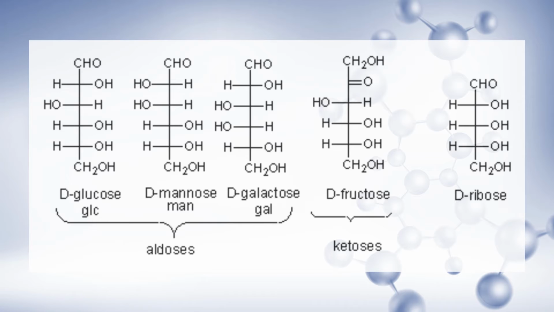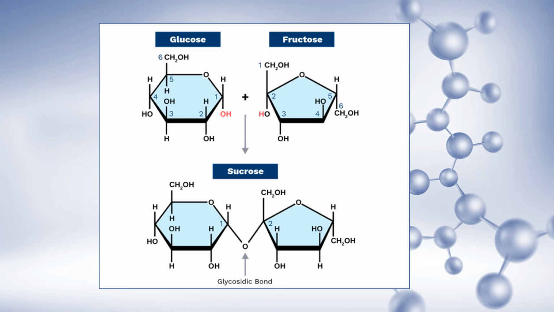You can see that there is a change in the presence of hydroxyl and hydrogen in their structure. Then there is a ketose. The most common is fructose. In the ketose group, you can see that these are ketoses because they contain this ketonic group, and this is the most common pentose, which is known as ribose sugar.